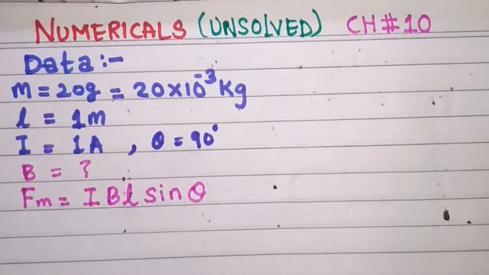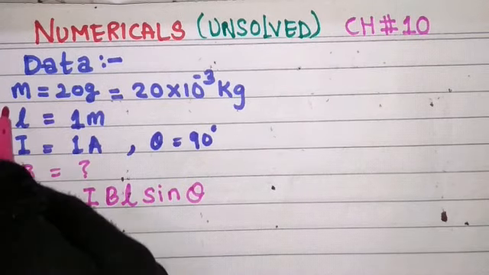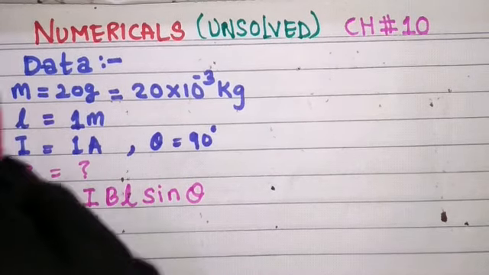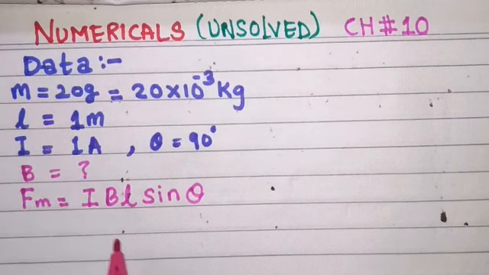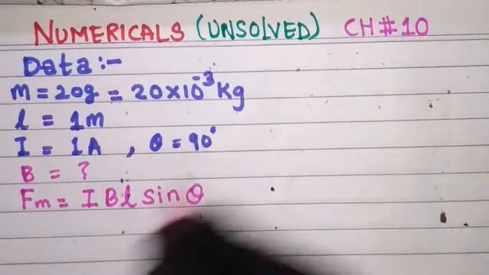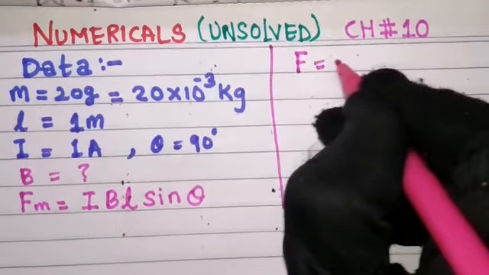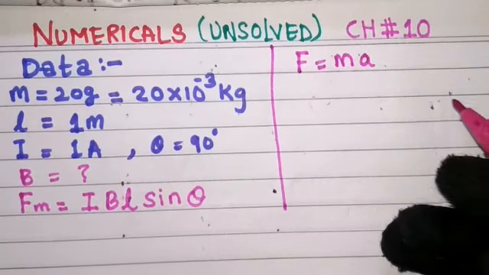But what about the F? We are not having F with us. So what we have to do, we have been given mass. Force and mass, is there any relationship between them? Yes. The force is actually mass into acceleration due to gravity.